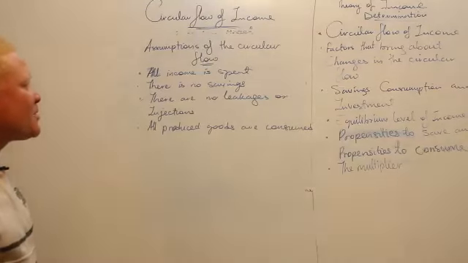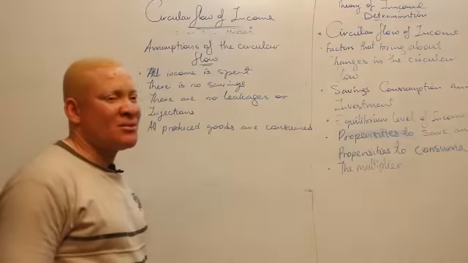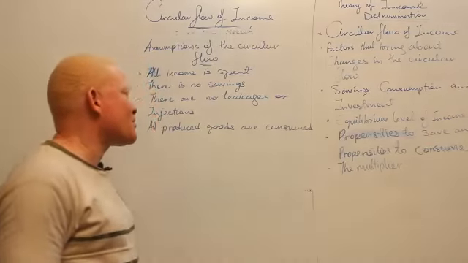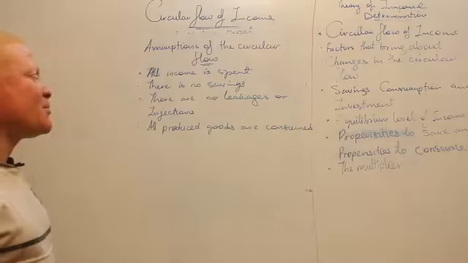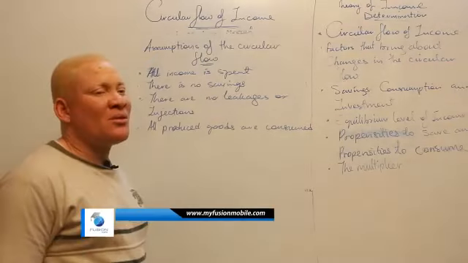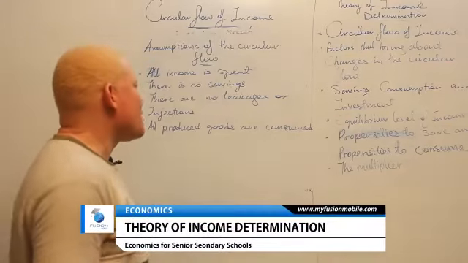Now, looking at this, we said that all income is spent, meaning that, of course, that implies that there's no savings. Everything is spent on consumption, and all goods that are produced are what? Consumed. No excess, no deficit.